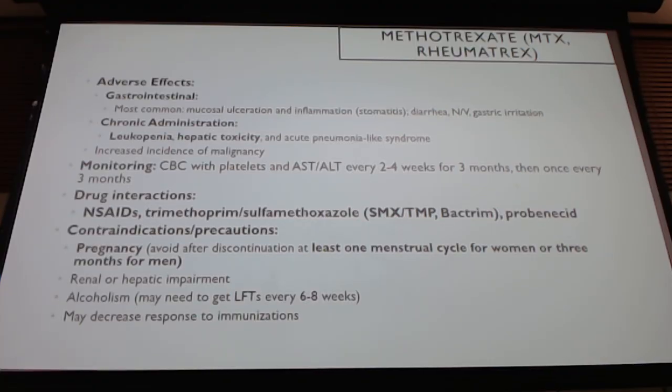This should help you remember, like, these were the things that I was kind of monitoring anyway. If you're looking at somebody who's an alcoholic, we're also worried about them, right? Because of the renal issues and the hepatic issues that they may experience. So just keep these things in mind. If you are giving somebody immunizations, we can also see where their response to the immunization may be blunted because they're using methotrexate.